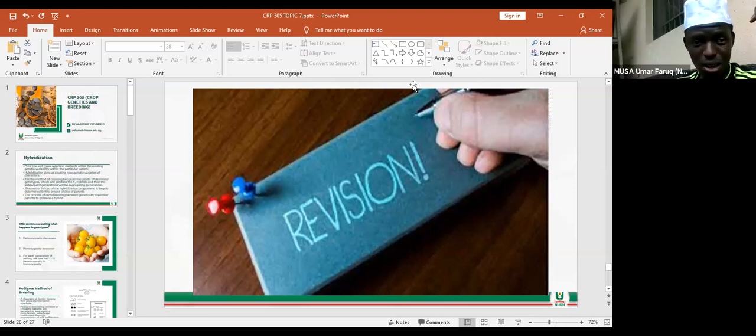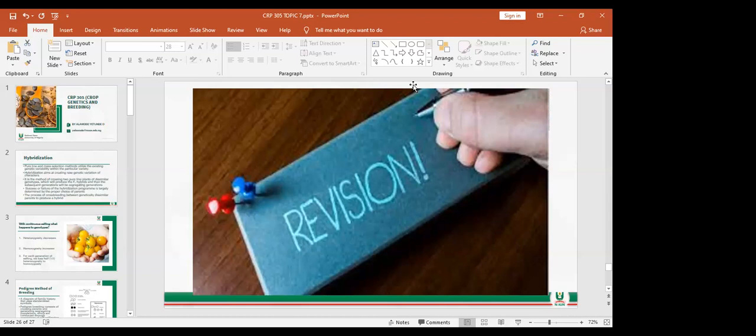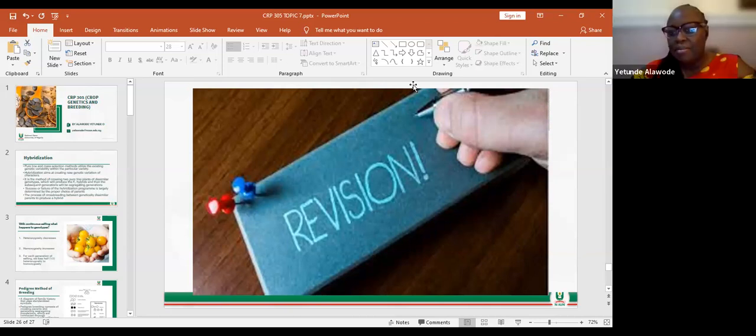Okay, and in the situation where they did not give us any letter, is it not going to be affected when students use different types of letters? Because in one of the past questions they just asked us to do the hybrid without any letter. Well, that one was like that. It may not be like that this year. I may decide to give you letters and tell you to do the hybrid cross and do your Punnett square.